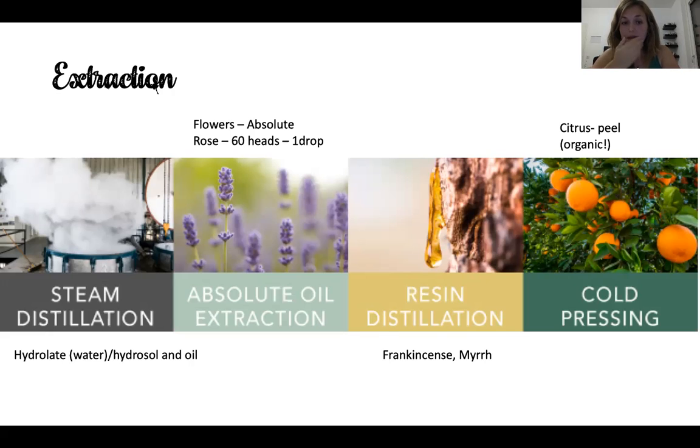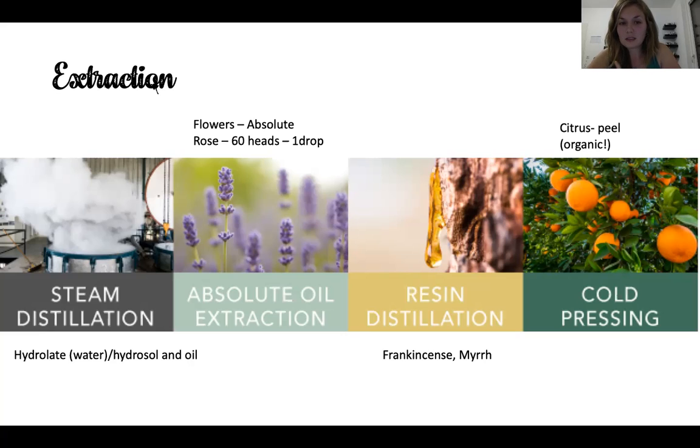Okay? The next one is absolute oil extraction. We call it absolute because we use flowers that have a really strong smell, like jasmine or lavender. Rose mainly. Rose is a great example.